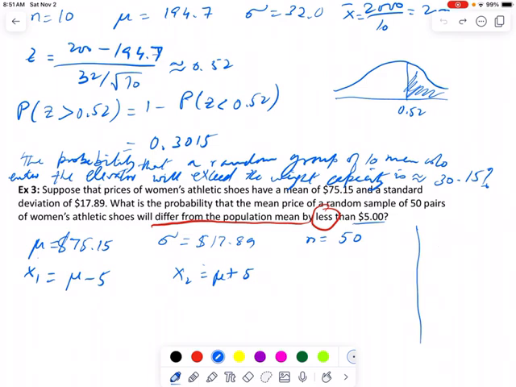And what do we get? So when I do x1, which is mu minus 5, it gives me 70.15. And the x2, when I add 5, I get 80.15. Okay, so now I find z-score for each of them.